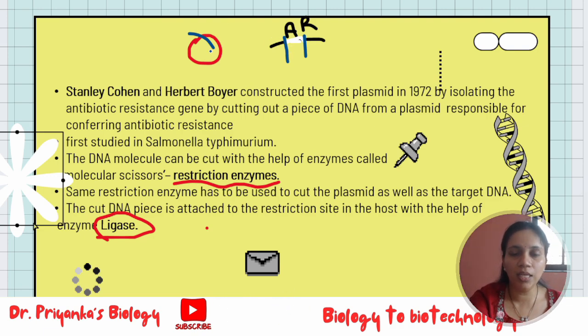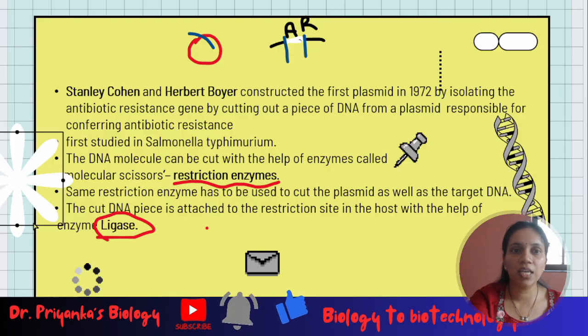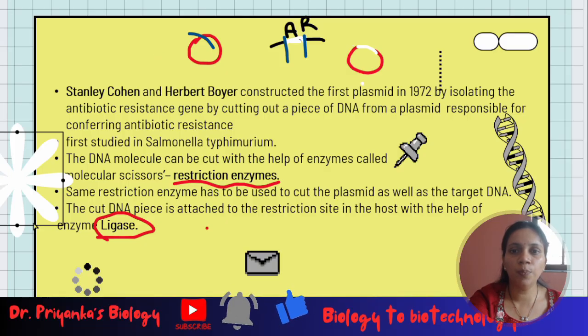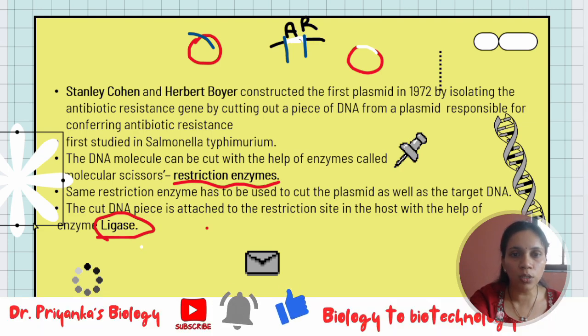Then only can both the pieces be joined together by your ligase enzyme. Here your ligase enzyme is going to join the piece which is having the antibiotic resistance and the other part of the plasmid. So this is the role of your restriction enzyme and ligase. These two form the most important tools in your genetic engineering.